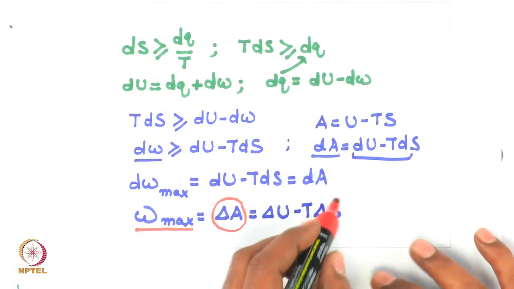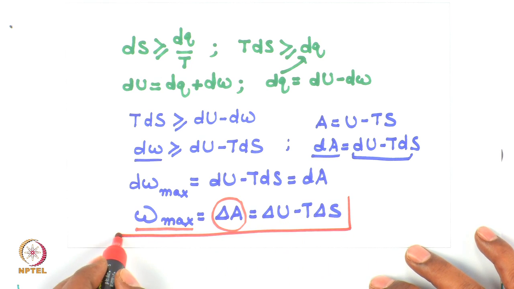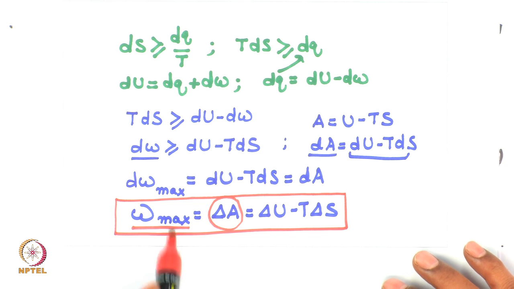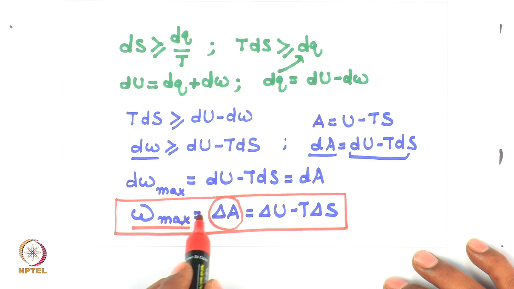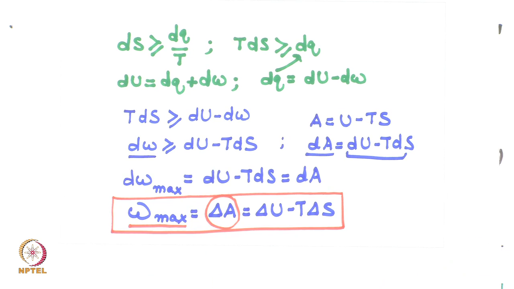Now, you recall our discussion on the pressure volume work. At that time, from the plot of P versus V for an isotherm, we made a conclusion that the maximum work is done by the gas when the gas is expanded under reversible conditions. And here we have come up with a conclusion which is true for all the systems, that maximum work is obtained from a system under reversible conditions, because the equality only applies for reversibility.